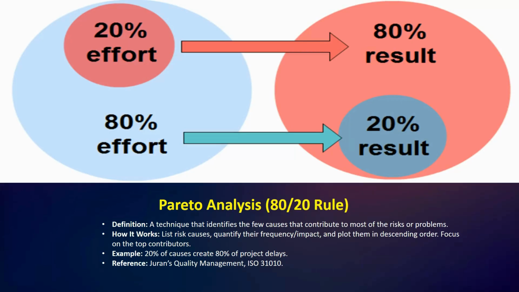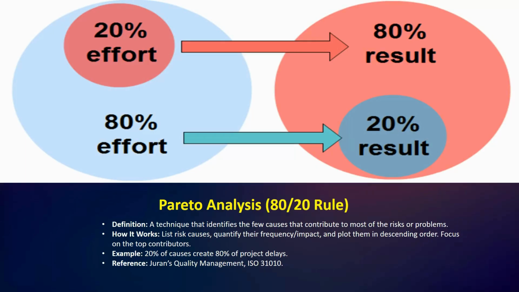In risk analysis, this means a small number of risks or their causes are likely responsible for most of your project's problems. So we identify the risks, quantify their frequency or impact, and then focus our energy on addressing that critical 20% that's causing the most trouble.